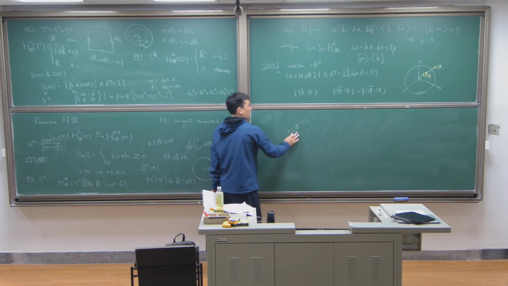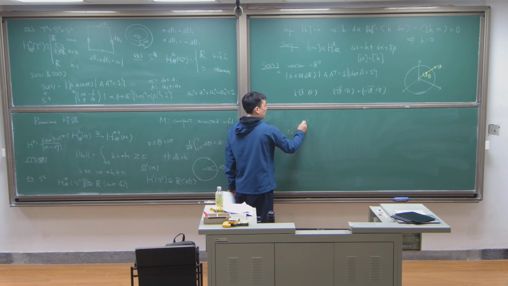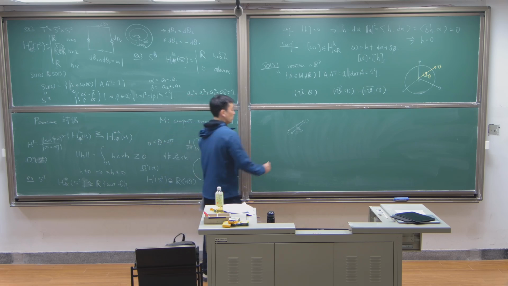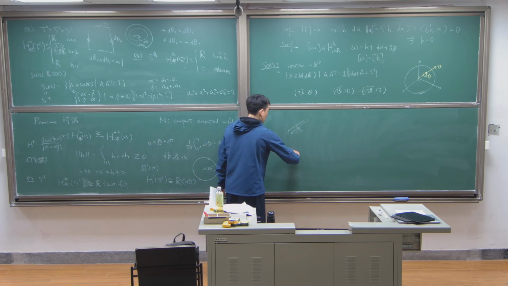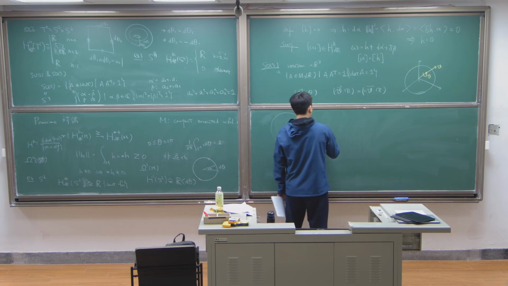At the end of the day, you go to pi. So therefore, this will define the three-dimensional ball B3.